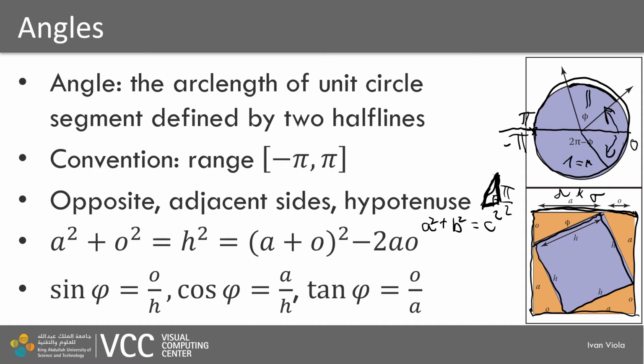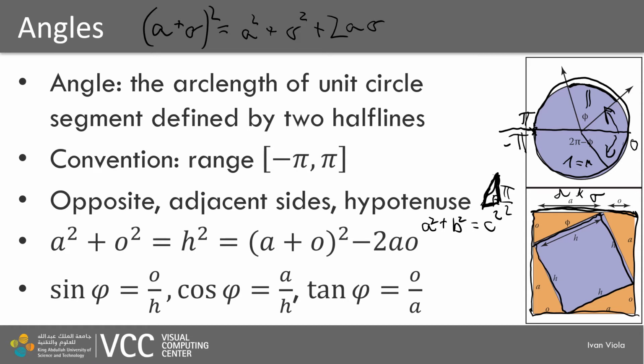Okay, so now how do we end up with this relationship? Let's have a look at what a plus o squared is. Allow me to write it here on the top. A plus o squared equals a squared plus o squared plus 2ao, right?